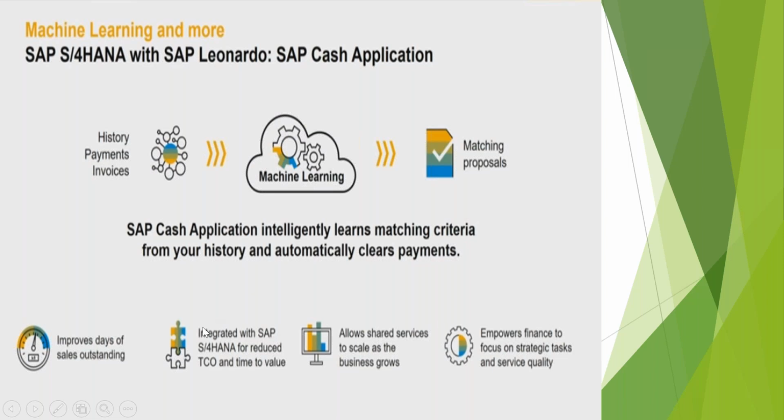Because of this, it improves the days sales outstanding because it will clear any outstanding invoices. If there is still something you want to receive, it will make a list saying these are the items not cleared. It improves the turnaround for clearing your transactions, right? Those are all the advantages you can see from the machine learning process for the cash applications.